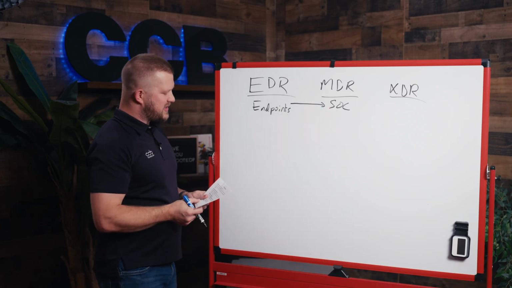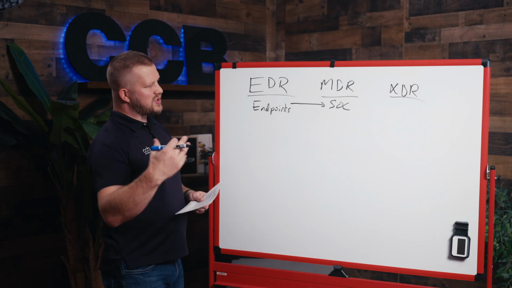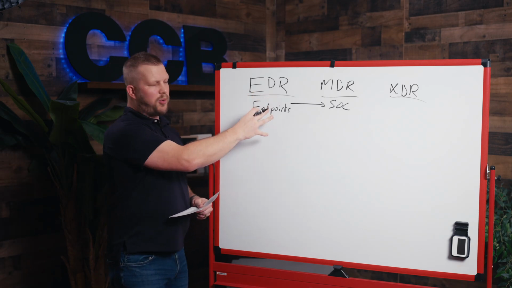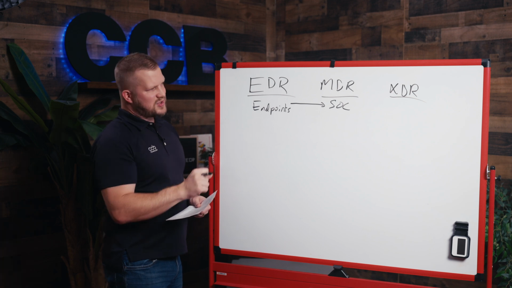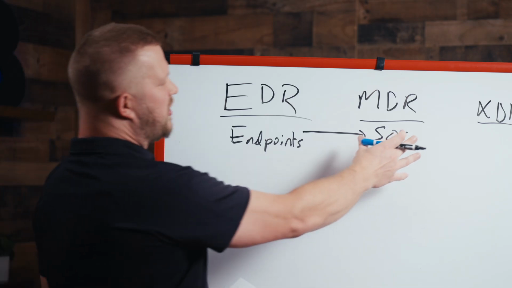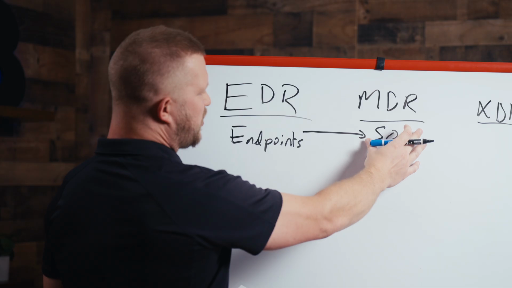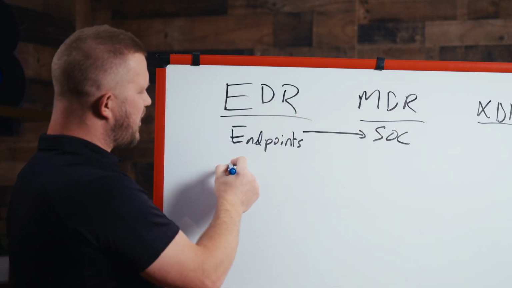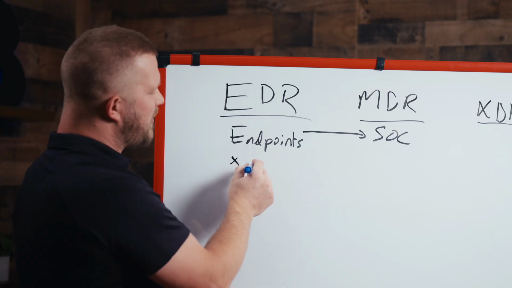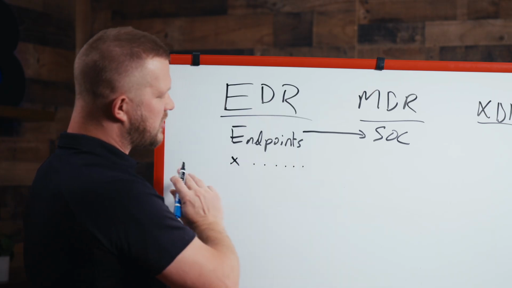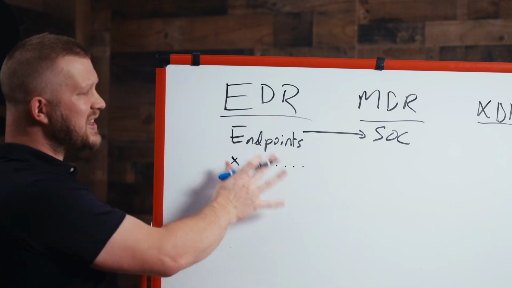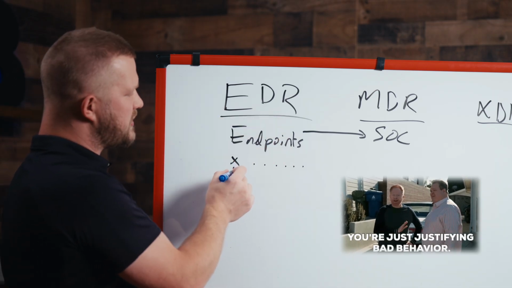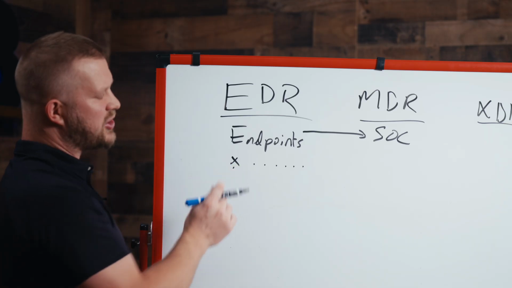It's also the other piece that provides response on top of that. Anytime we find something on an endpoint where EDR finds malicious behavior, the security analysts and personnel on the SOC side can take action against that. They can also say, hey, I saw it on this endpoint over here, I'm now going to look at all my other endpoints across the organization to make sure I don't see that same behavior for this confirmed malicious activity we found.